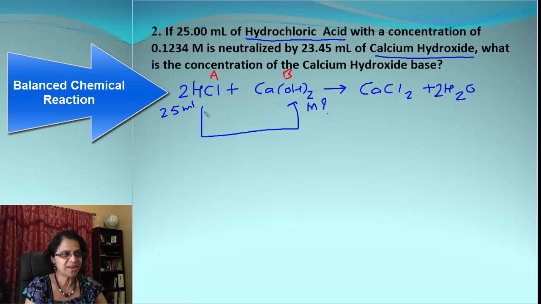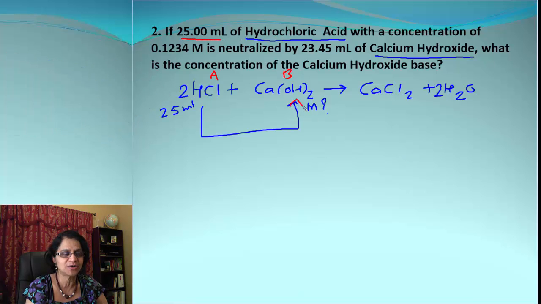And actually I also wrote the starting point, which is 25 milliliters of volume for hydrochloric acid. And the final thing we need to find is the molarity, which is the concentration of calcium hydroxide. So again, this is going to be your mole bridge, and this will be moles of A, and this is going to be moles of B. So there are three components again.